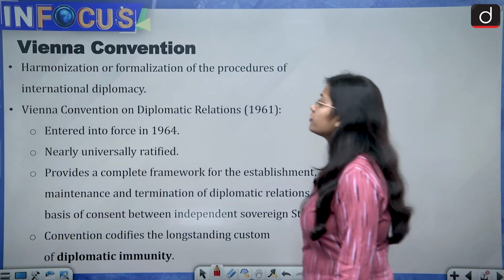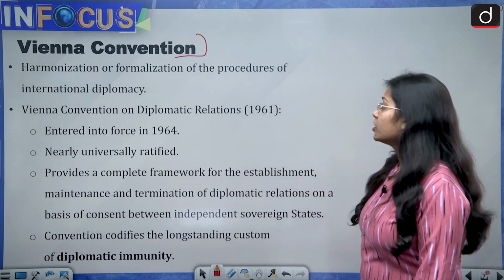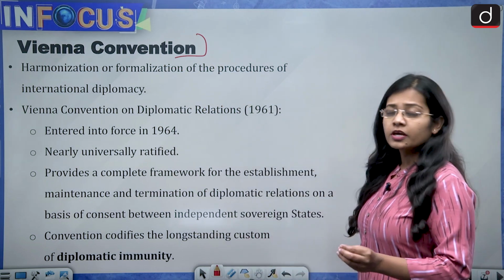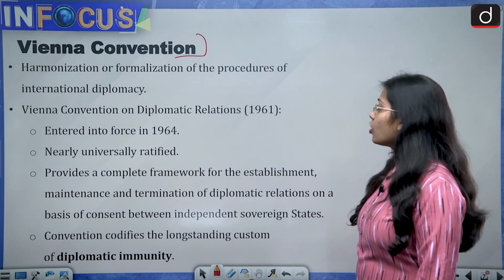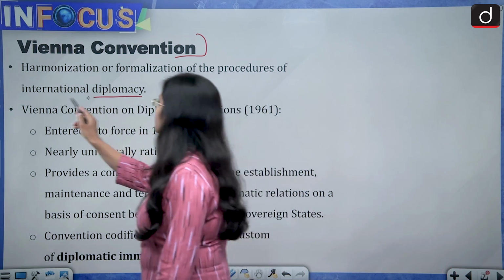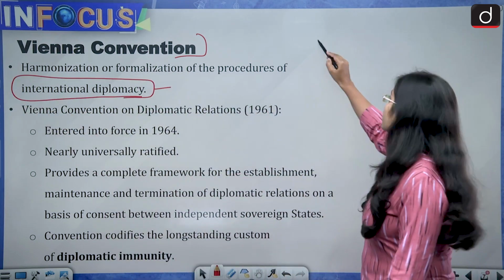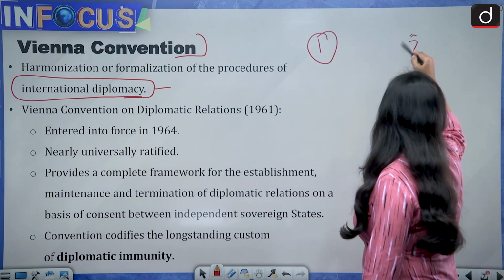So first we will be looking into the Vienna Convention on Diplomatic Relations. The Vienna Convention is a harmonization or formalization of the procedures of international diplomacy. See, diplomacy takes place between countries. Imagine this is the first country and this is the second country.